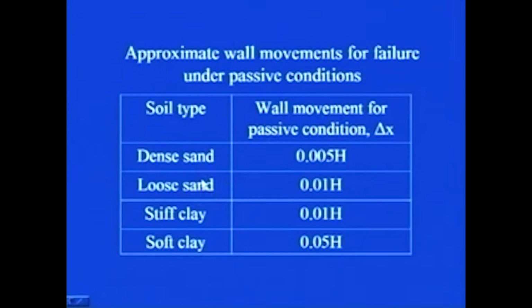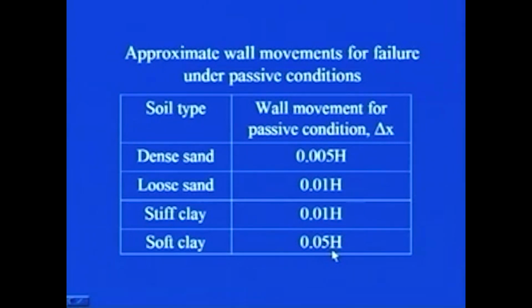In case of loose sand, this value of wall movement is 0.01 h. In case of stiff clay, now clay is your cohesive material. So, you see here it was frictionless material and here it is cohesive material. In case of stiff clay, it is 0.01 times h. In case of soft clay, it is 0.05 times h.